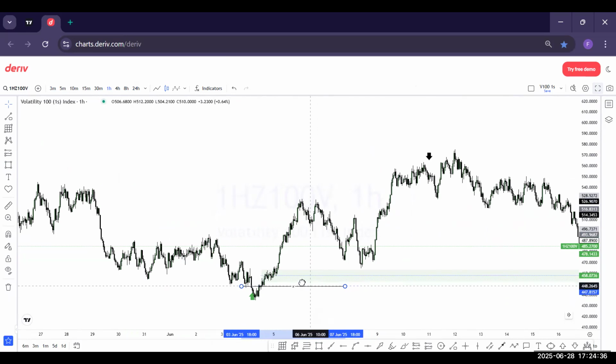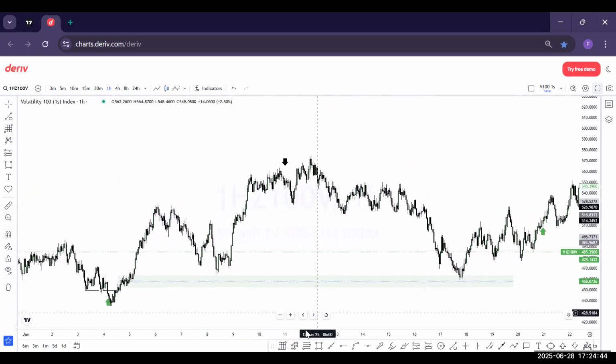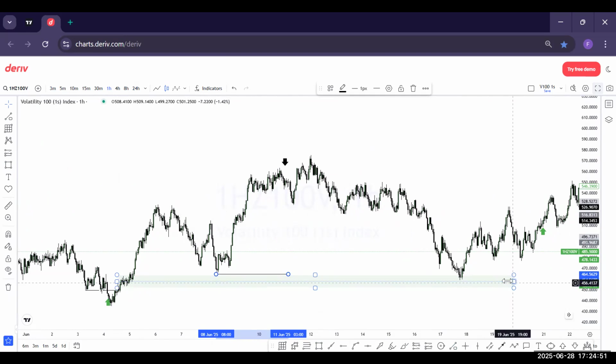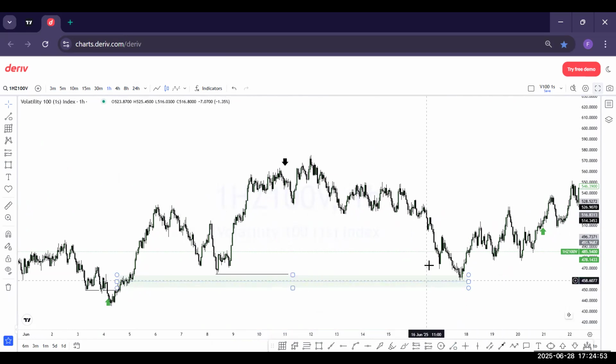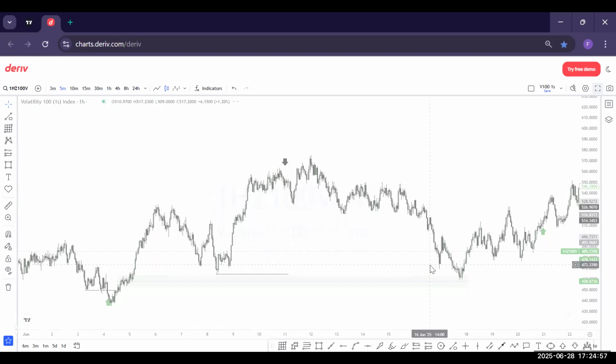So higher time frame sweep. Once we're able to get this higher time frame inducement and price taps to this guy here, I'm going to 5 minutes for my entry to look for the same SBS.